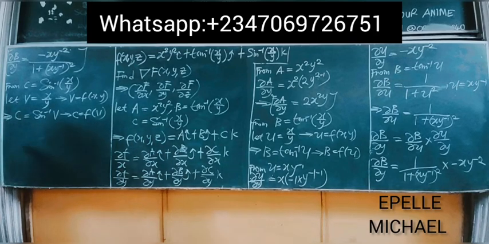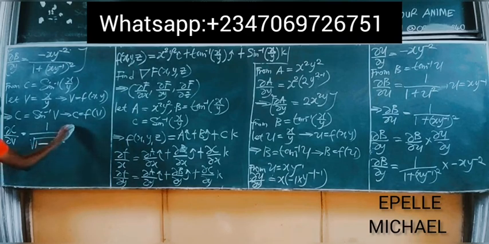So from c, let's obtain the partial derivative of c with respect to v. Since c is a function of v, I can only differentiate c with respect to v, and I will simply have this to be 1 all over the square root of 1 minus v all squared.